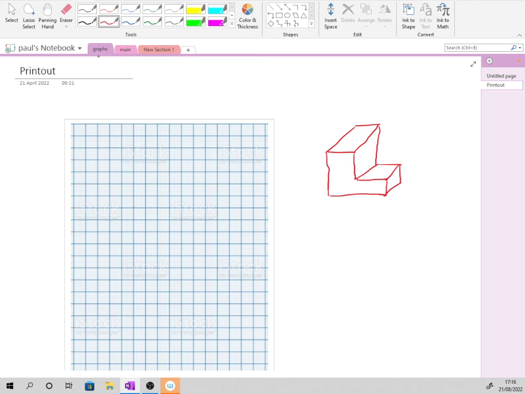So to make life easier, we'll say that 1 centimetre equals 1 square on the paper, and we're going to draw the plan, the front elevation, and the side elevation, and we're going to do it to scale.